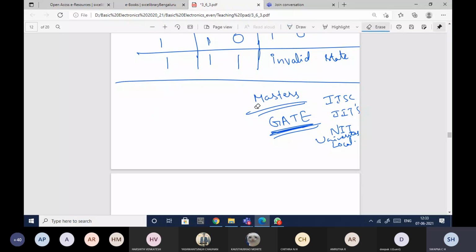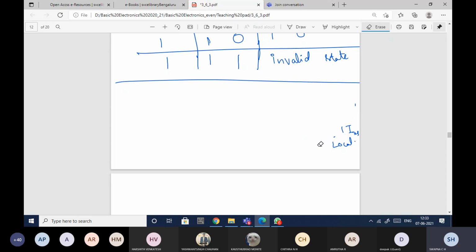Fine. Now let me go with the next circuit. Here we have a drawback, right? What was the drawback? When your clock is equal to 1 and set and reset values are 1 1, it is going to the invalid state. To overcome this, we have the next flip-flop, which is the JK flip-flop.